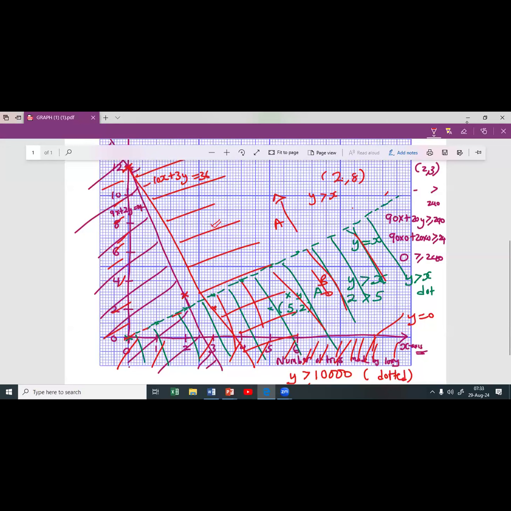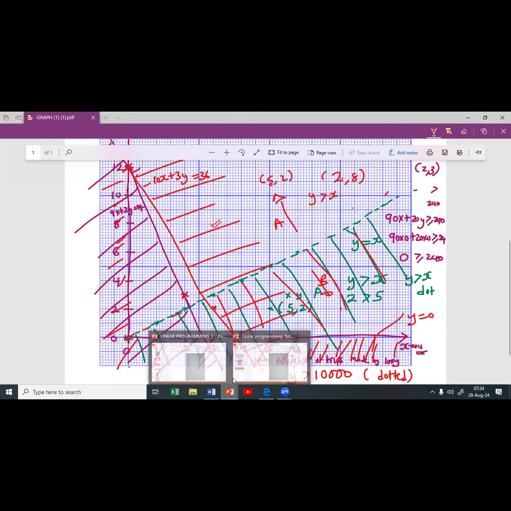No, when we used 5, 2. No, 5. Remember, here you must fill in very well. 2, 8 and 5, 2 are totally different points. 5, 2 is below. 2, 8 is above. So are you seeing the difference? Yes, sir. Thank you, sir.